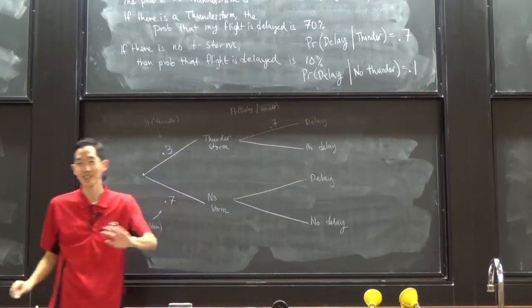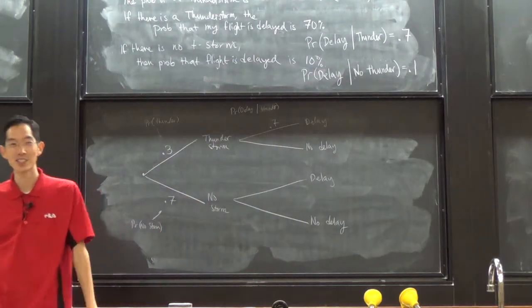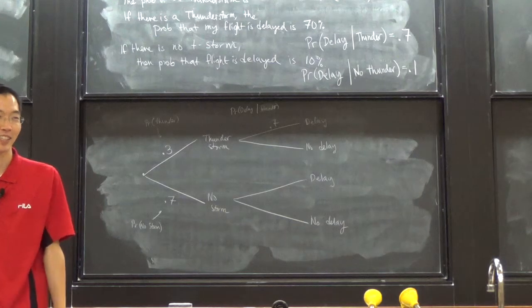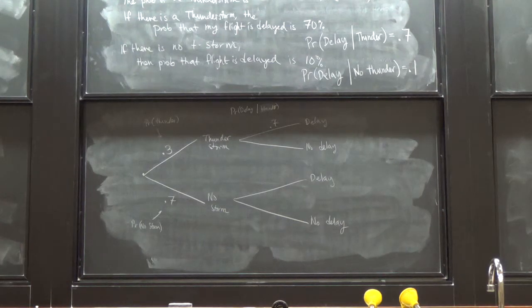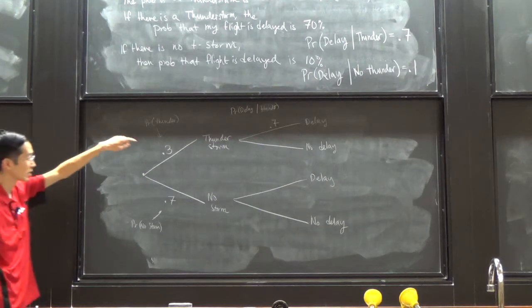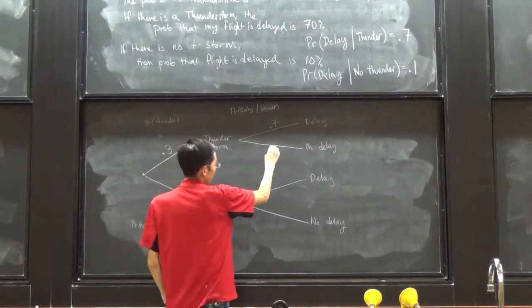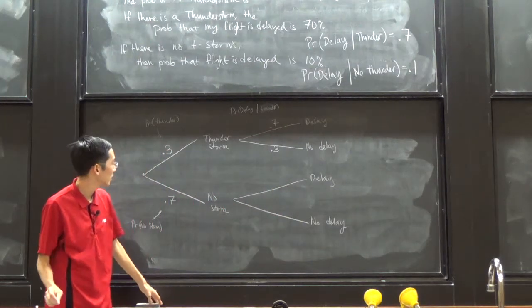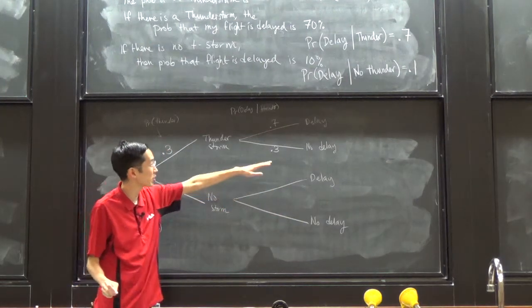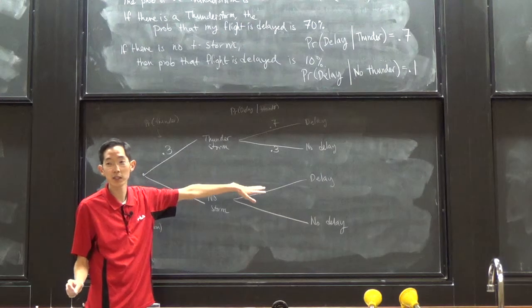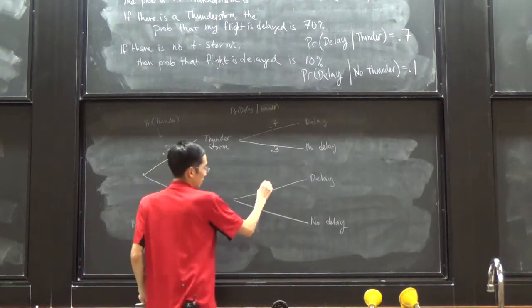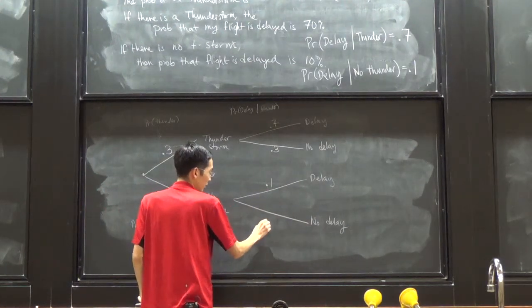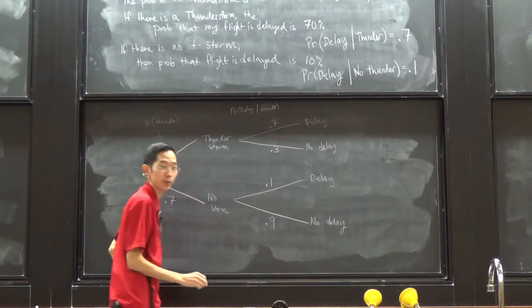I hope that's not too confusing in your notes. Okay, so the probability of a delay given a thunderstorm is 0.7, which means the probability that there is no delay is 0.3. On the other hand, if there's no storm, what's the probability that we're still delayed? 0.1, and over here I would then have 0.9.